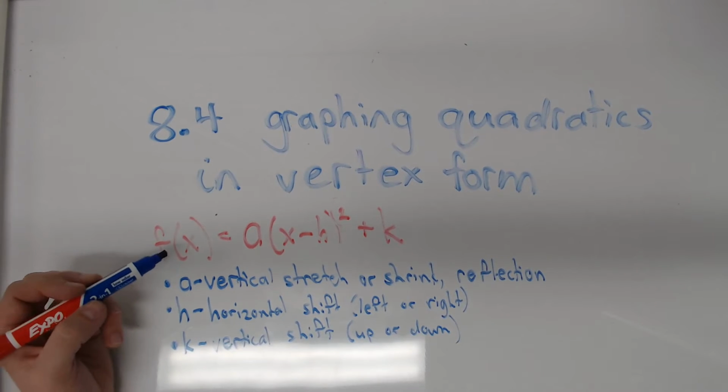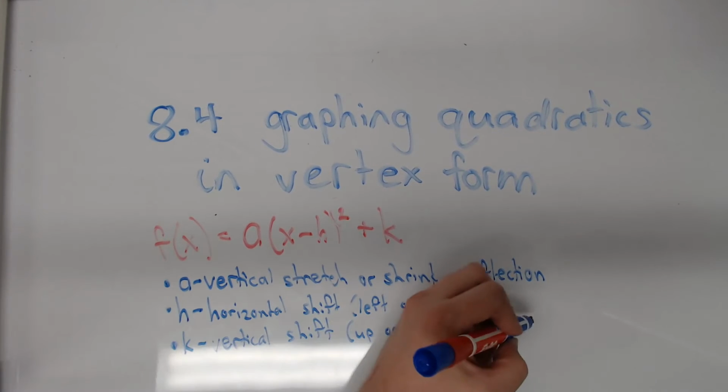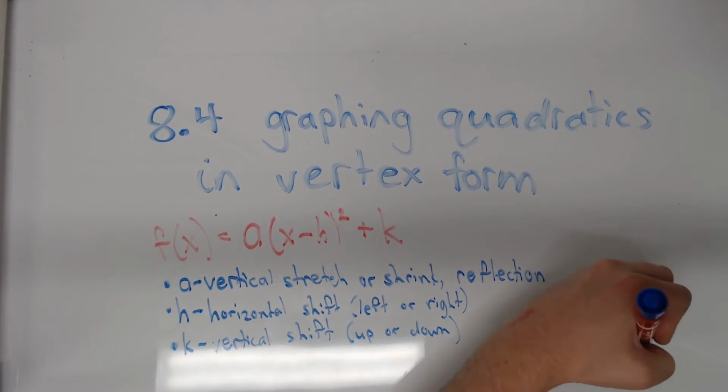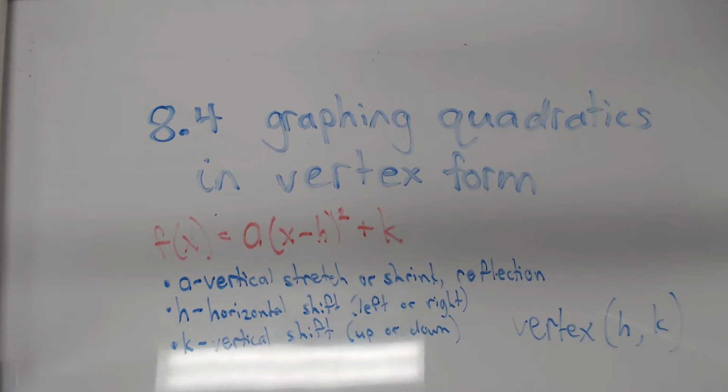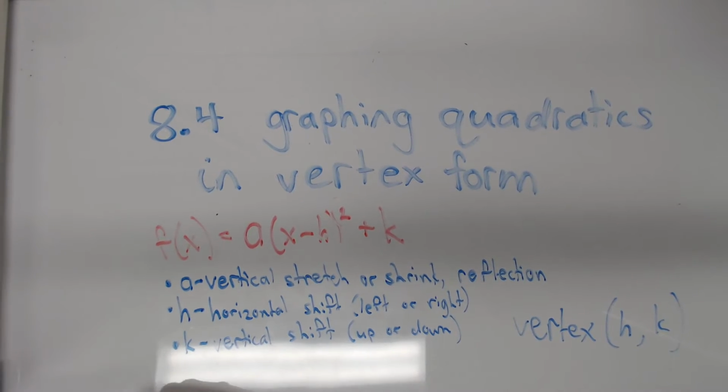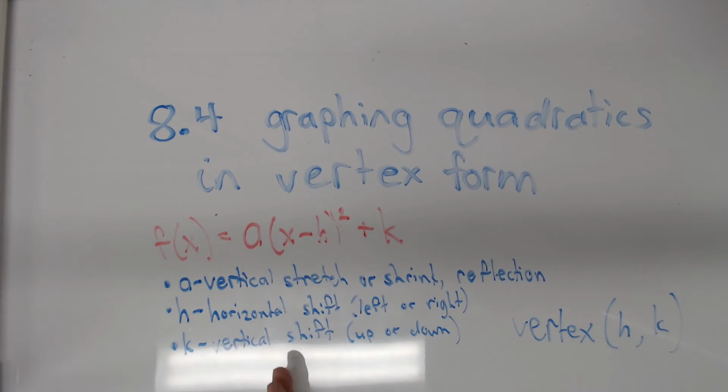So vertex form, the idea is that the vertex is always going to be at the point h comma k. So if you think about it, horizontal shift, left or right, that's how much the x value is affected by the h. Vertical shift, up or down.